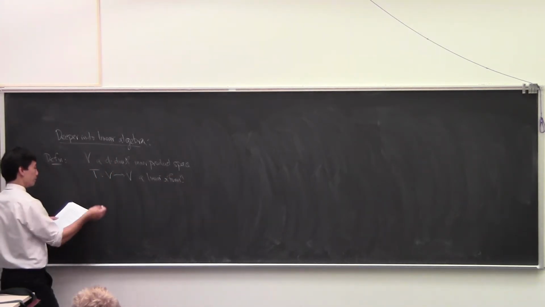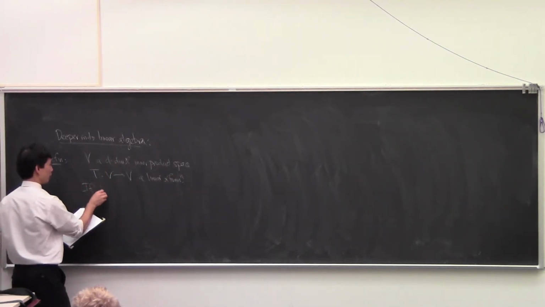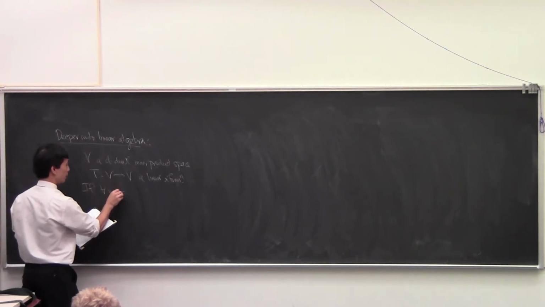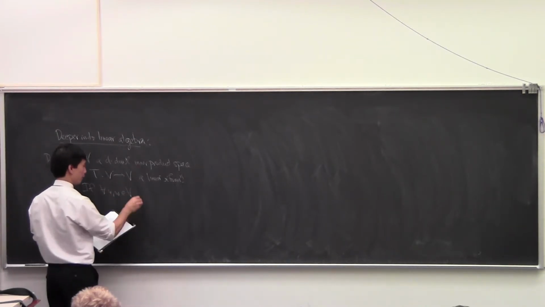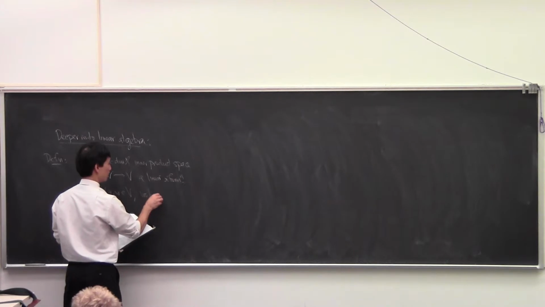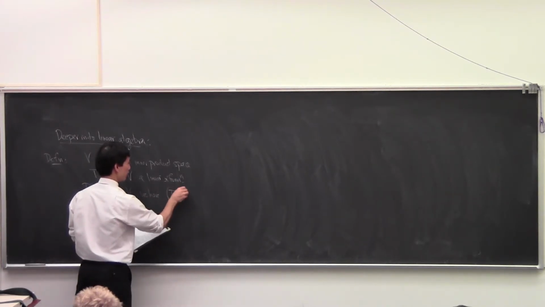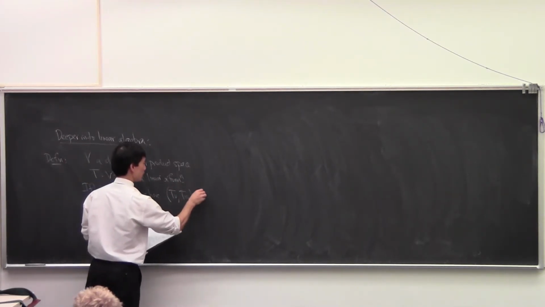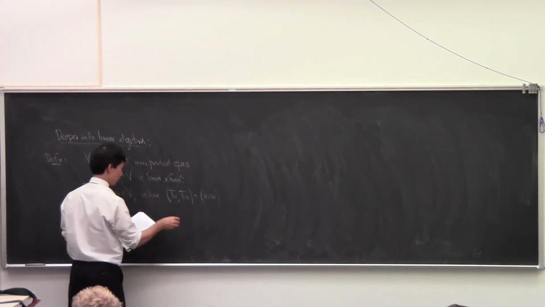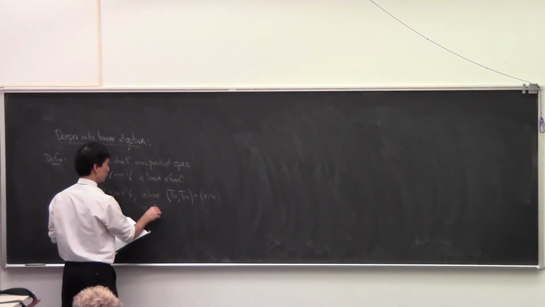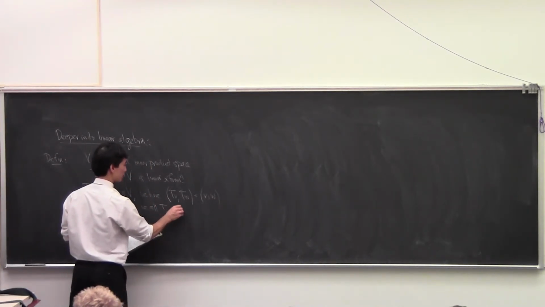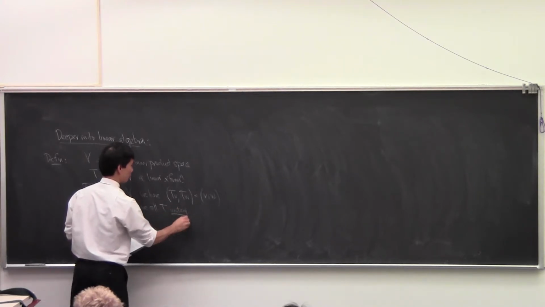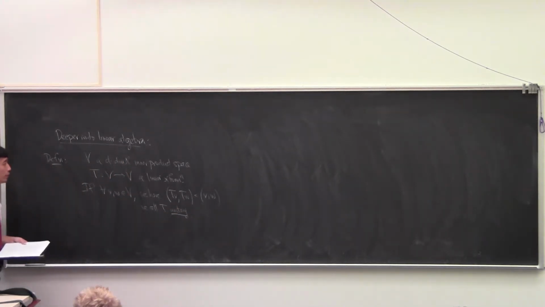If for all V and W in V, we have that the inner product of TV and TW is the same thing as the inner product of V and W, we call T unitary, a unitary transformation.